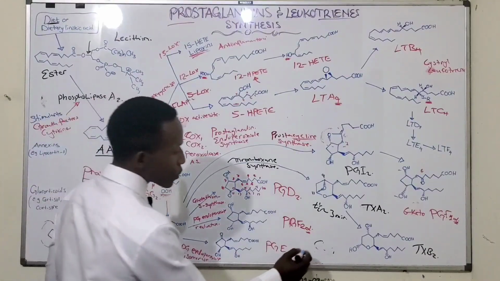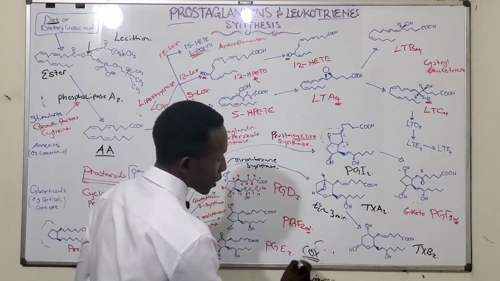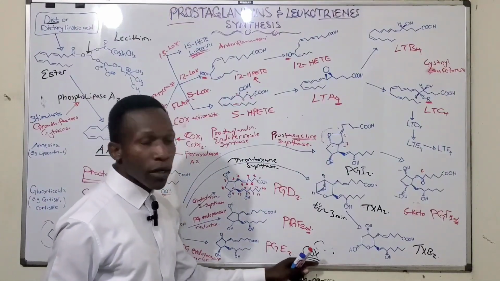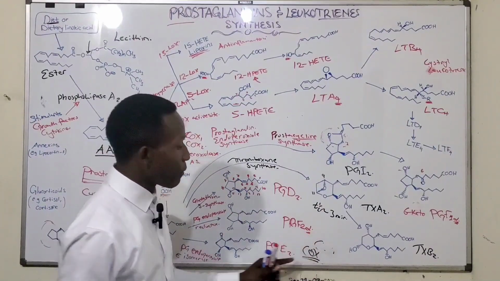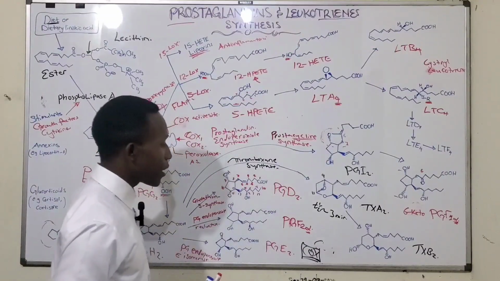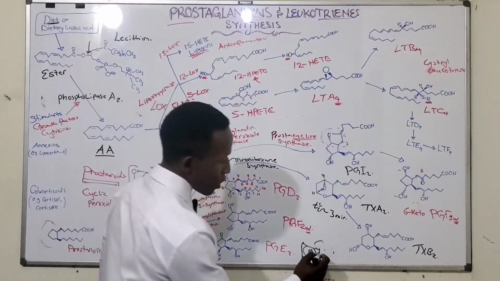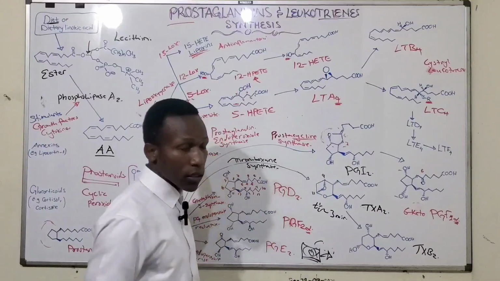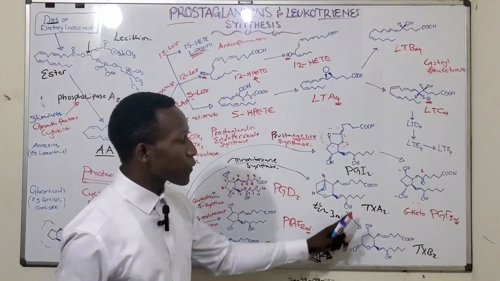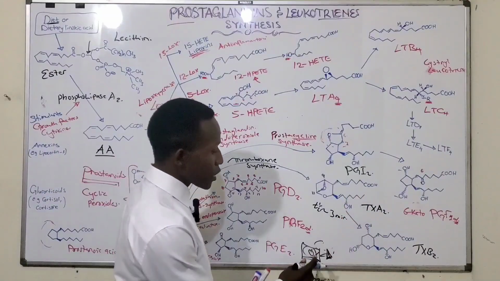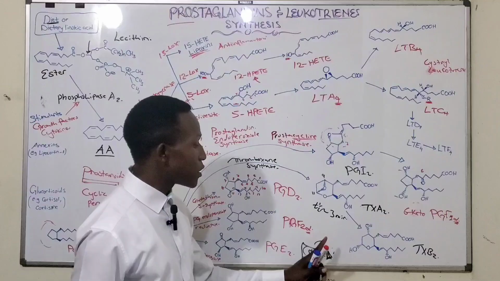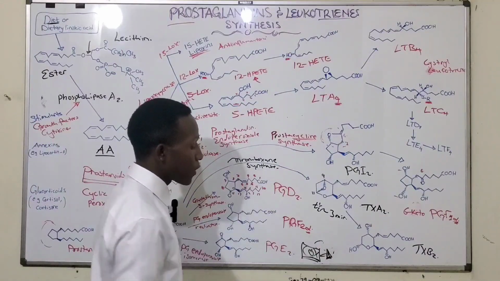But for COX-2, its production can be induced, though it can be constitutive in some areas of the body. When it is induced by cytokines, growth factors or other pro-inflammatory substances, its induction can lead to inflammation.